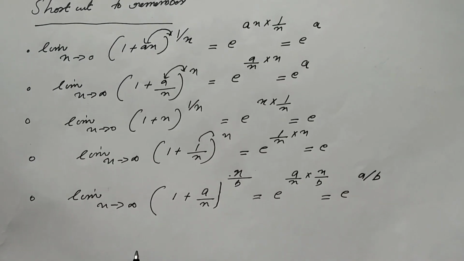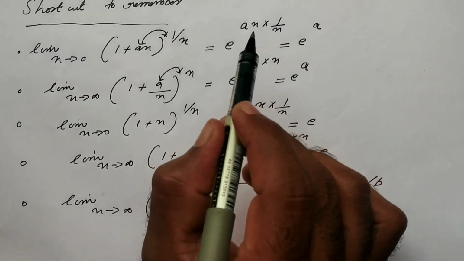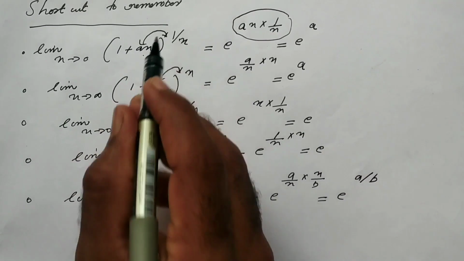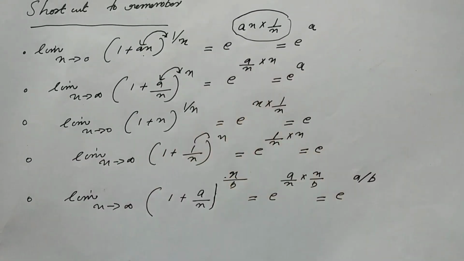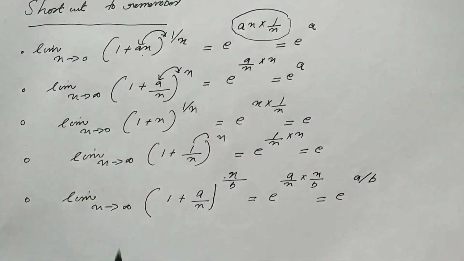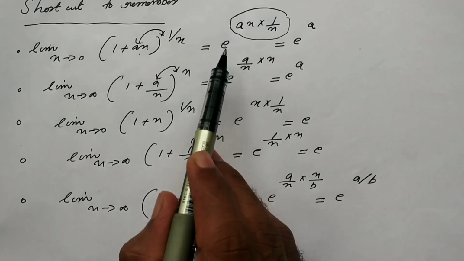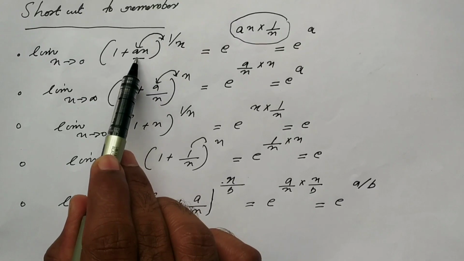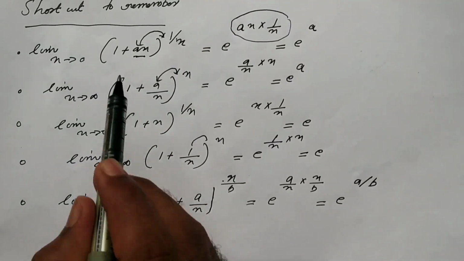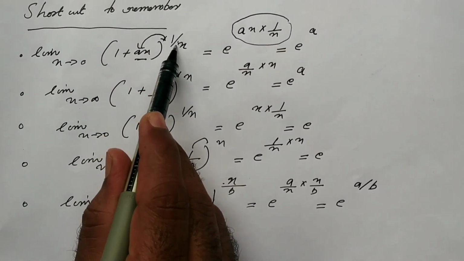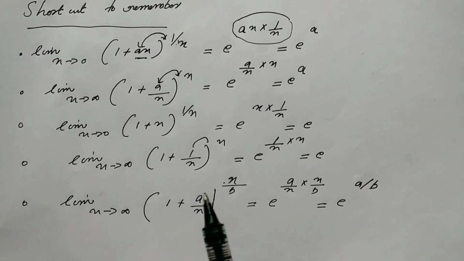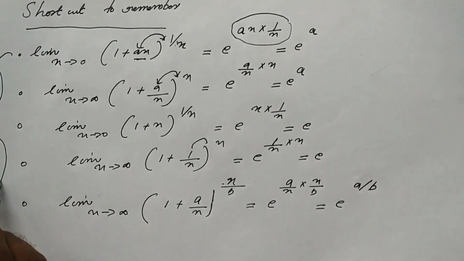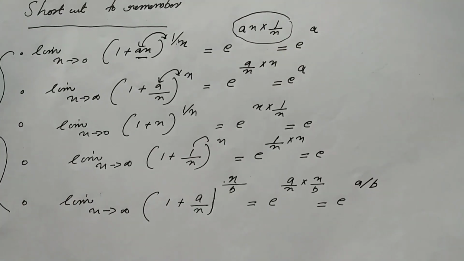So for doing this question we have to take the product of the function that comes here and here as the power of the exponential term. That is, for this type of question there will be an exponential and the exponential power will be the product of the term here and the power term. So you can easily do this type of question by only remembering this shortcut method.